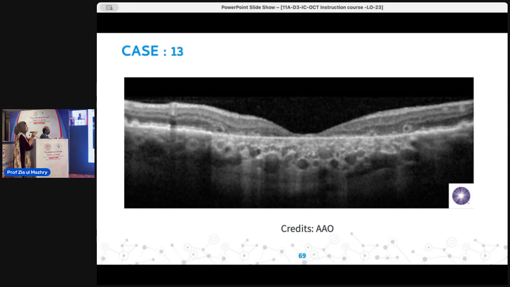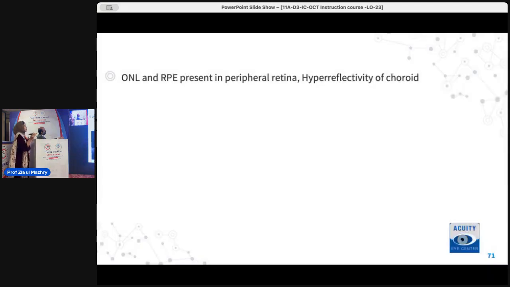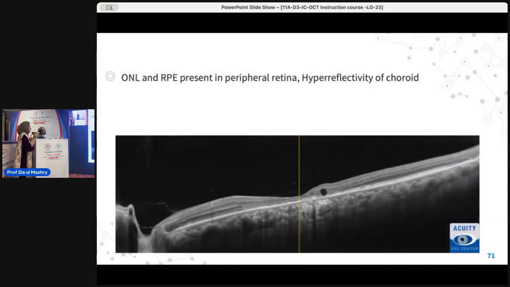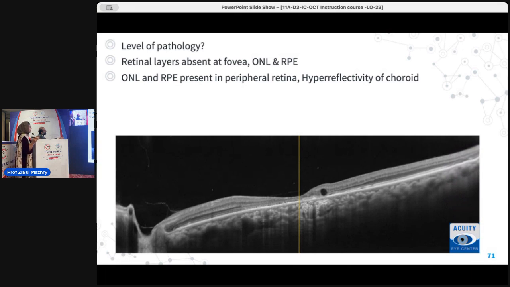Next, moving on to the next case, is there a pathology? This was a 76-year-old patient with progressively decreasing vision. So what is the level of pathology over here? You can see at the fovea there is thinning of the retinal layers.